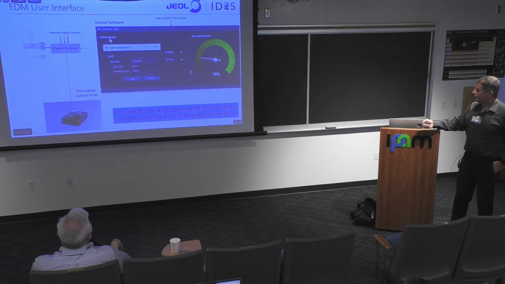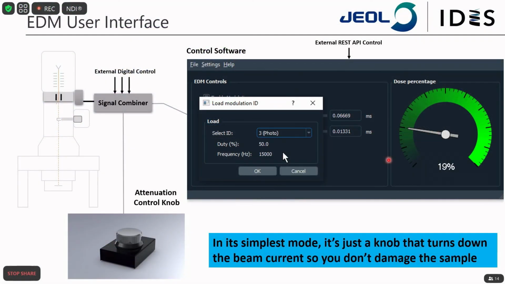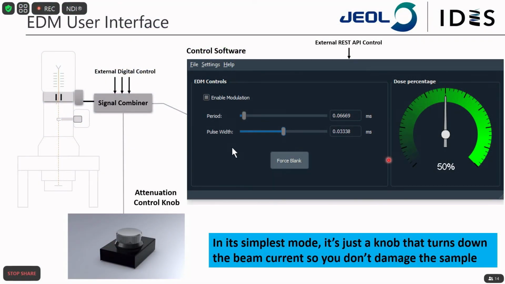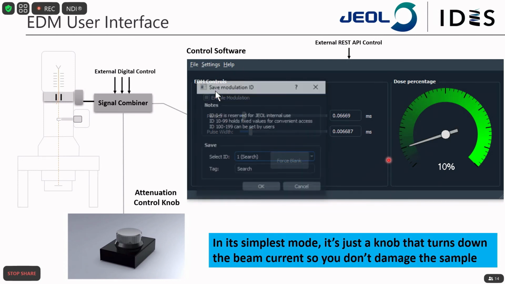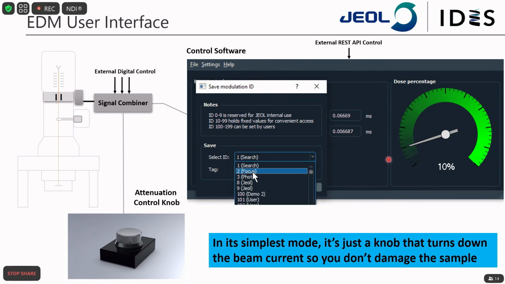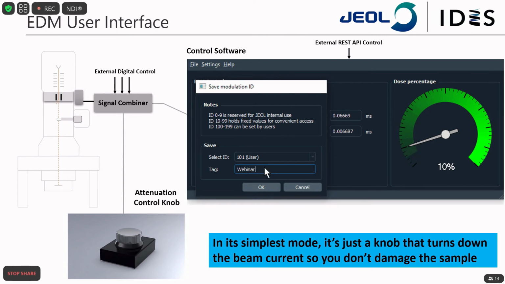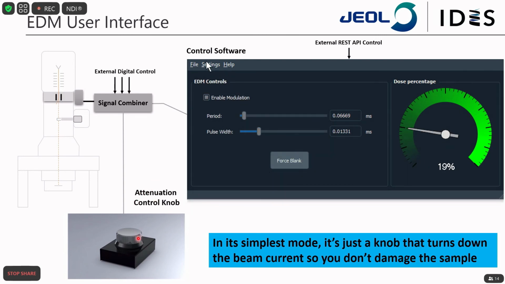So the user interface for this is intended to just make it easy to do what you want to do. There's a simple GUI that lets you enter in numbers and select settings, but that GUI can be externally controlled with a REST API, so you can automate stuff. We've got a little knob that lets you just adjust the beam current.